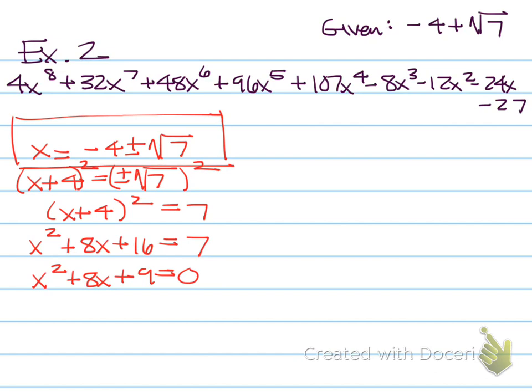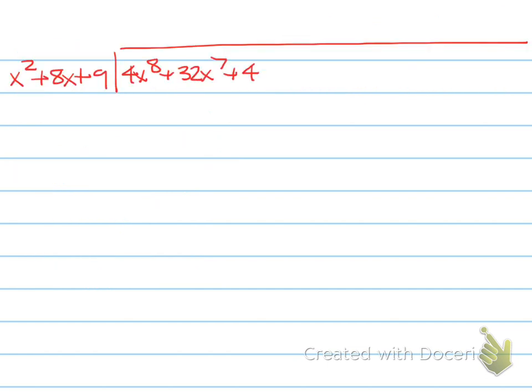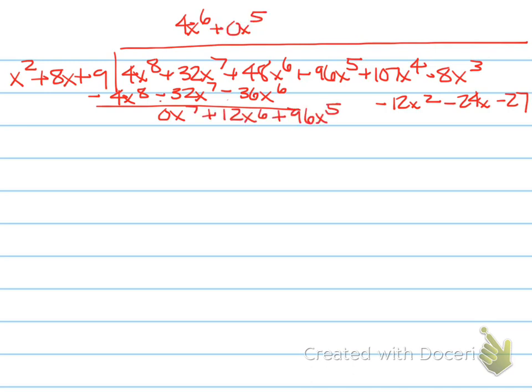Alright, so we already have two roots, -4 plus root 7 and -4 minus root 7. So I'm going to take that polynomial and divide it into that depressed equation. I'm going to divide that into the polynomial. Since I know that that depressed equation is a factor of the polynomial, I'm just going to do long division step by step, making sure I'm being careful of the signs.